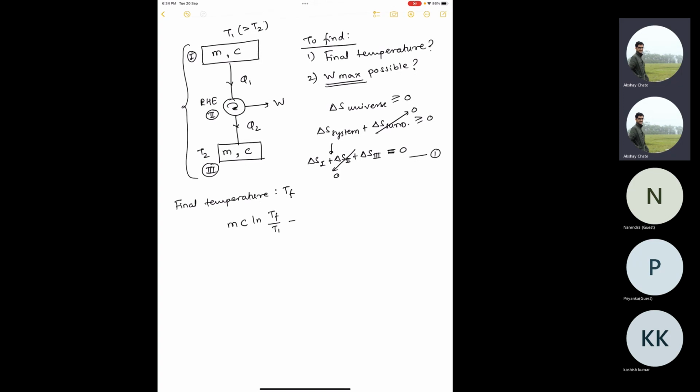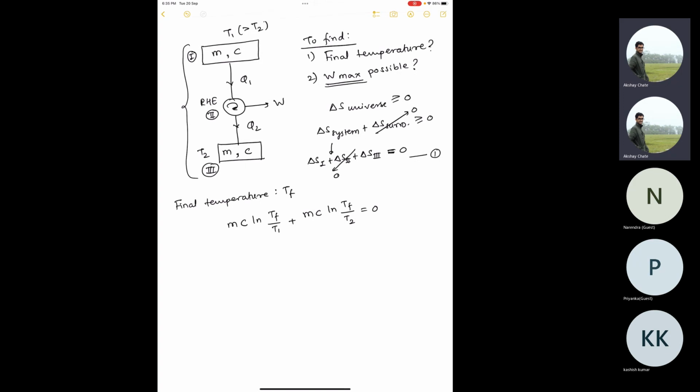Correct? Then there is the sink, delta S3, MCP ln(TF/T2), where the final temperature is TF and the initial temperature was T2. So you can write it this way.